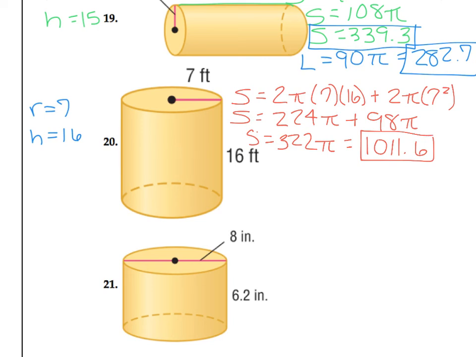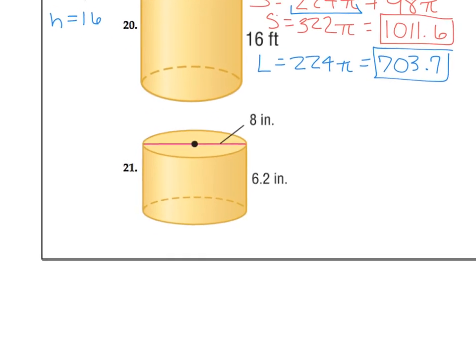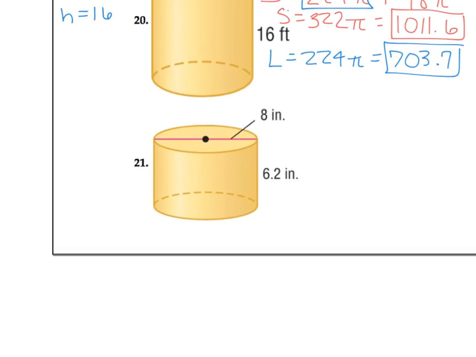Now my lateral area, I'm pretty much at my answer already. I take this first part, the 224 pi, and multiply that out. So 224 times pi will give me 703.7. And that's my lateral area. This last one is a little different because we do have the whole diameter drawn in.